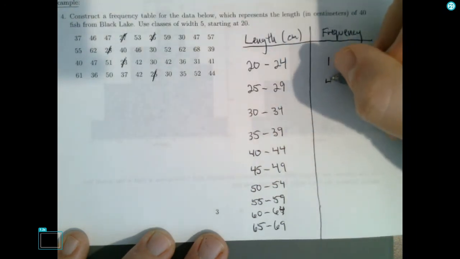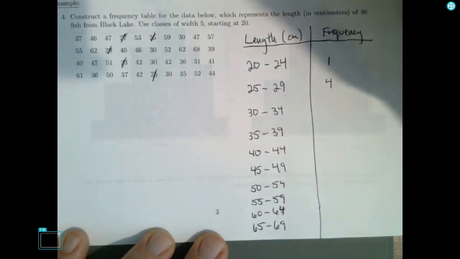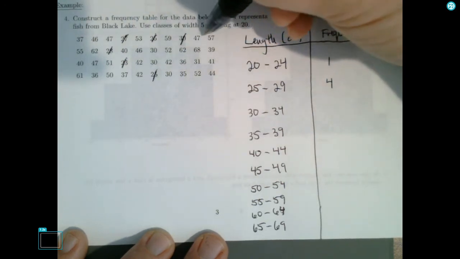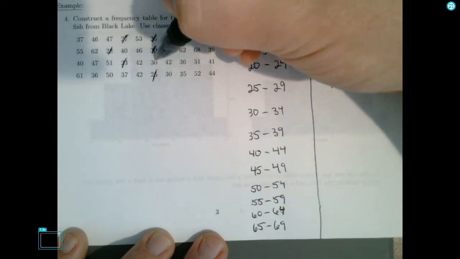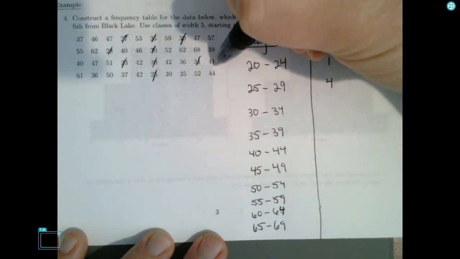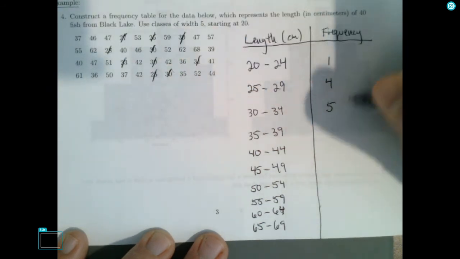So it looks like 4. Next one, 30 to 34. I'm going to stop talking and just work, but I'll race you. See who finishes first. 30 to 34. So I think you get 5 there. 35 to 39.